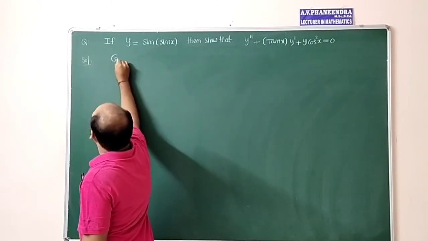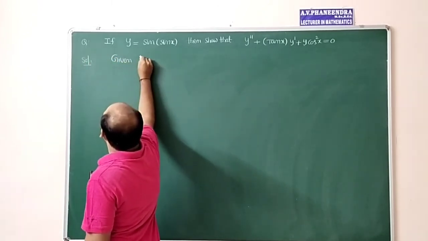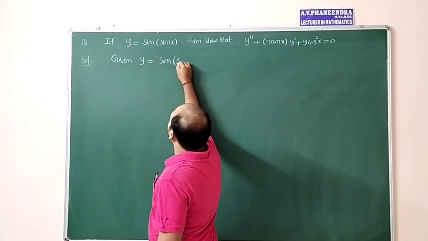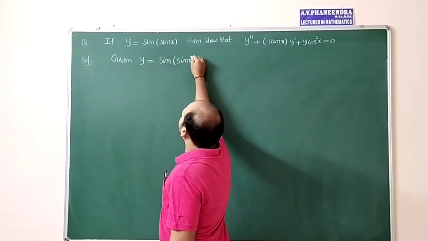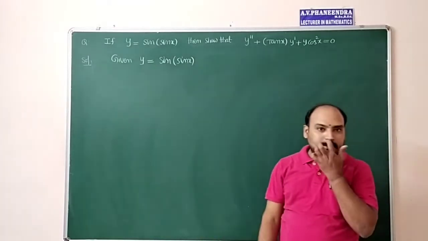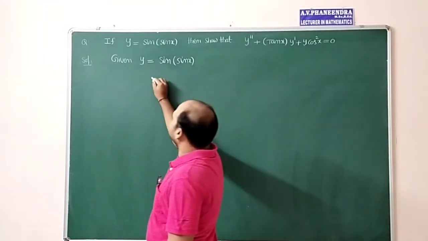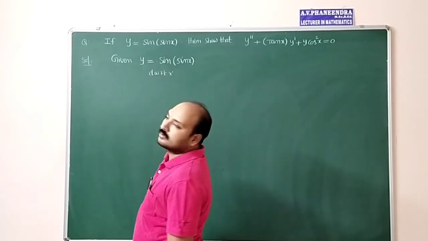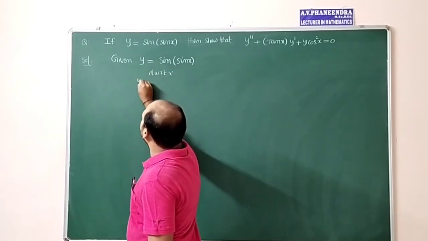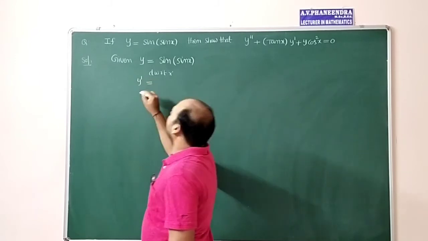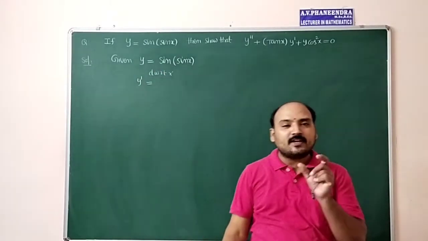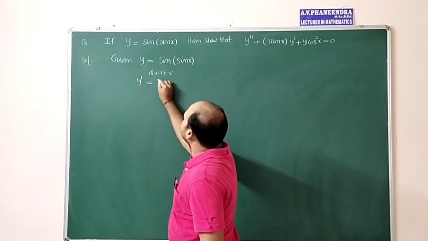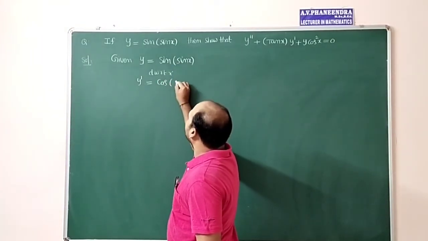First, given y equal to sine of sin x, differentiate with respect to x. Y derivative is y dash equal to sine of sin x, sin x derivative is cos x, no? So sine of sin x derivative is cos of sin x.